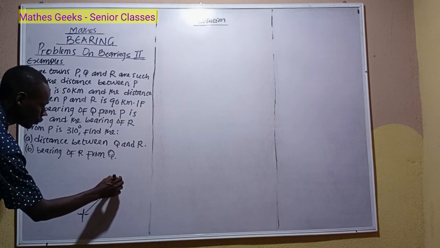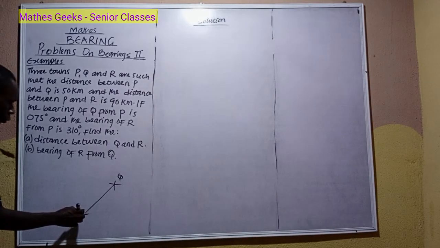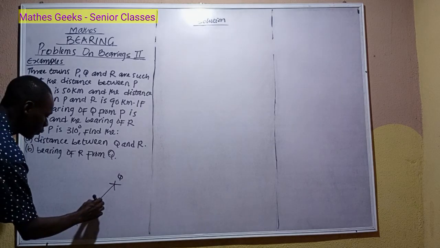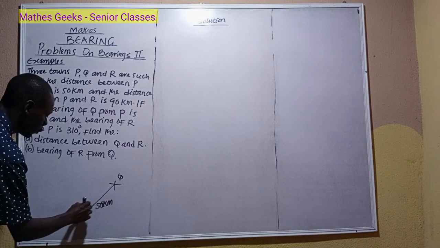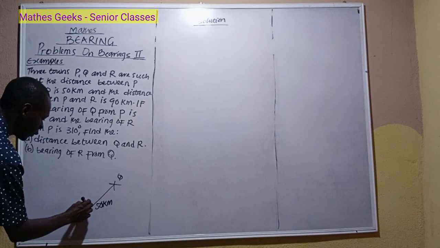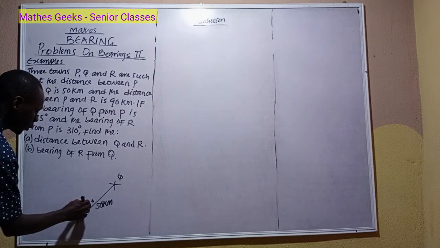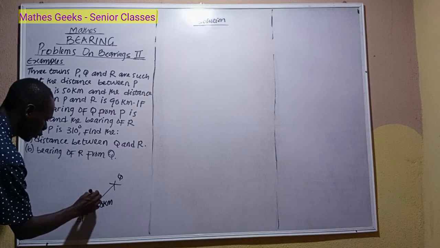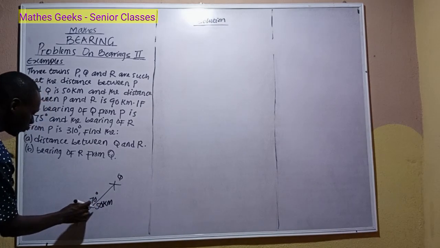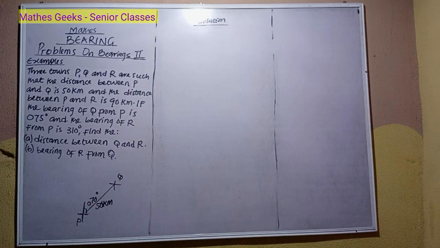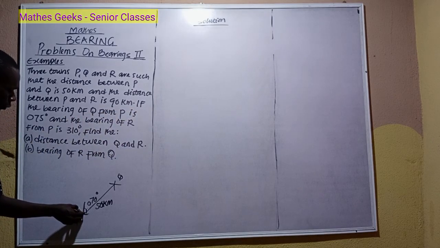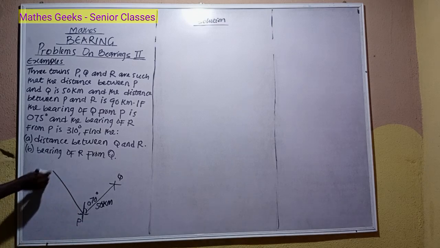This is my Q, and this is P. The distance between P and Q is 50 kilometers, and the bearing is 70 degrees. That's the bearing. And the bearing of R from P is 310 degrees. 310 will move like this.